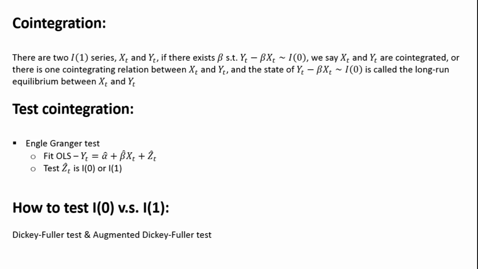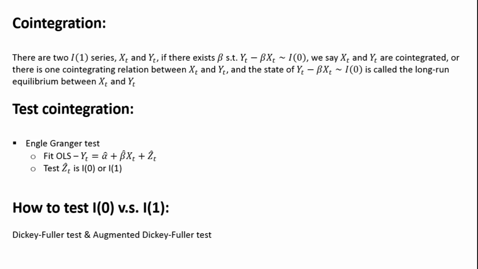If there exists a beta so that yt minus beta xt is stationary, we say xt and yt are cointegrated, or there is one cointegrating relation between xt and yt, and yt minus beta xt is stationary, which is called the long run equilibrium between xt and yt.